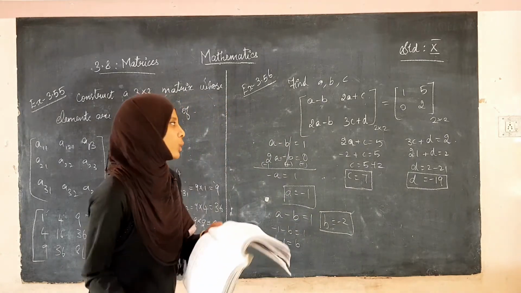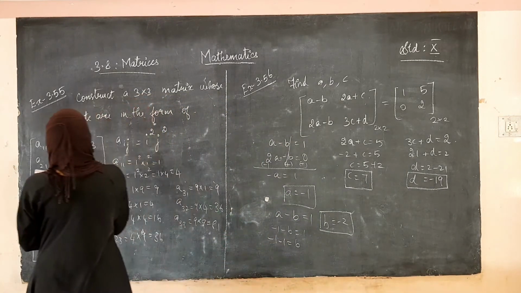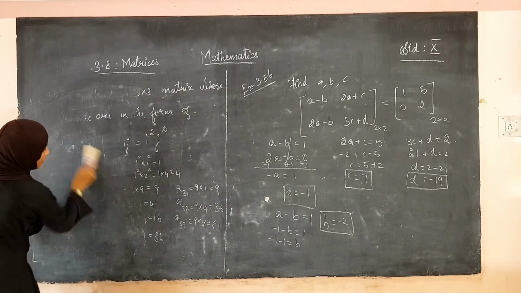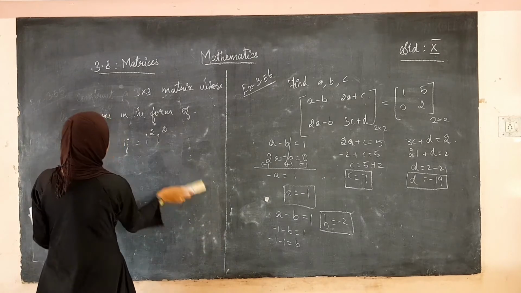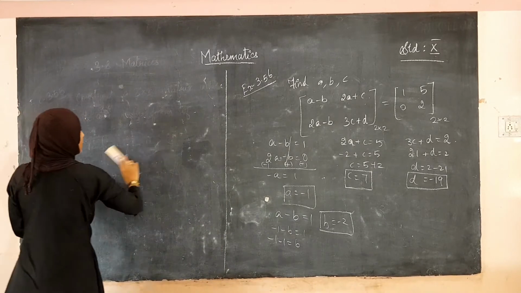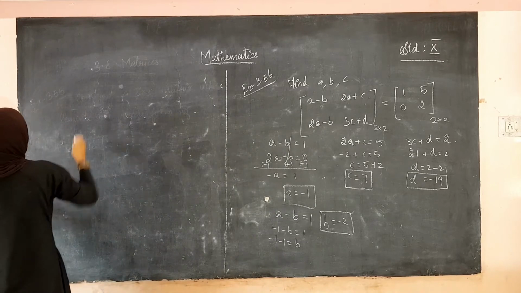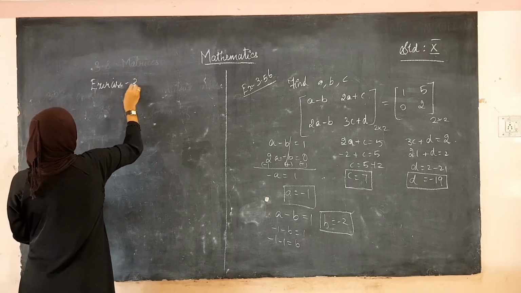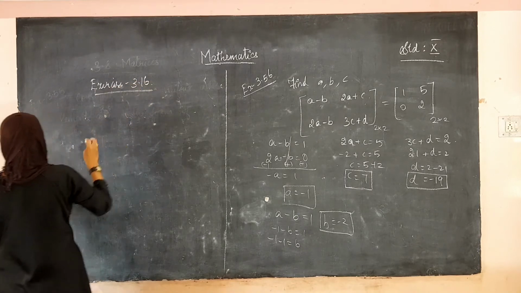Now, let us move on to the exercise sum. What's the exercise following this? 3.16. Okay, 3.16. See the first question.